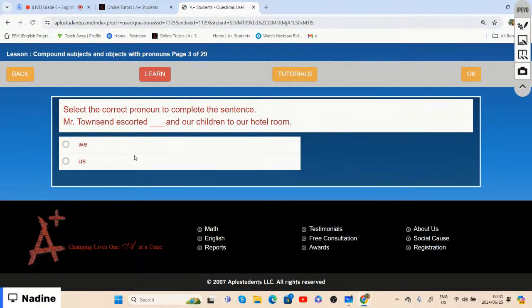Do we say Mr. Townsend escorted we and our children to our hotel room, or Mr. Townsend escorted us and our children to our hotel room?